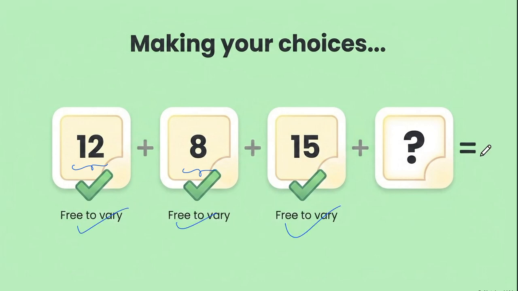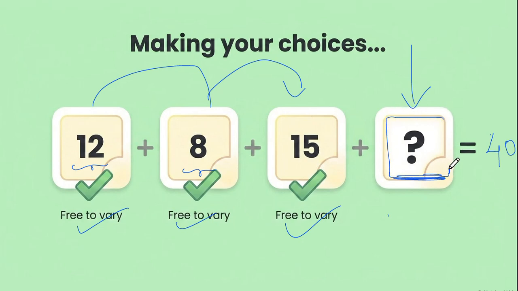Okay, but to get the total sum to be 40, the fourth number must be not free to vary, that is fixed. Okay, because already 12 plus 8 plus 15. Okay, so now how much is remaining to make the sum 40? Here one fixed number will come, correct? So the fourth number is not free to vary, so that is locked.